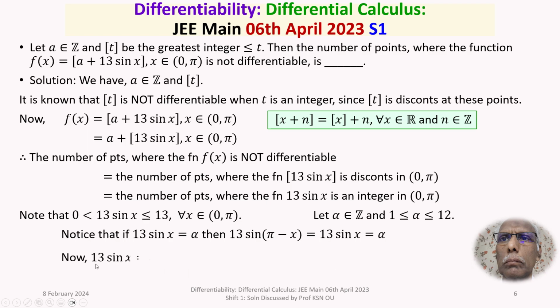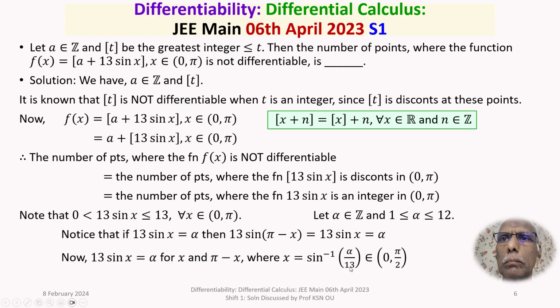Where will x be? 13 sin x is equal to alpha means sin x is equal to alpha by 13. That means x is equal to sin inverse alpha by 13, which belongs to 0 to pi by 2.